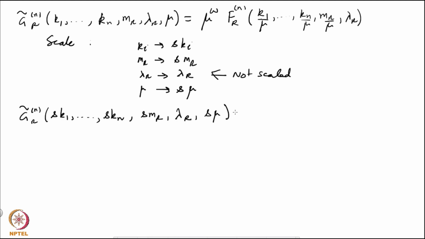So I have not touched lambda R. This will be S to the omega mu to the omega times Fn R. Let me write the remaining things also.